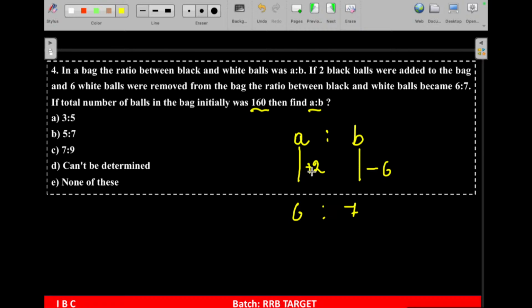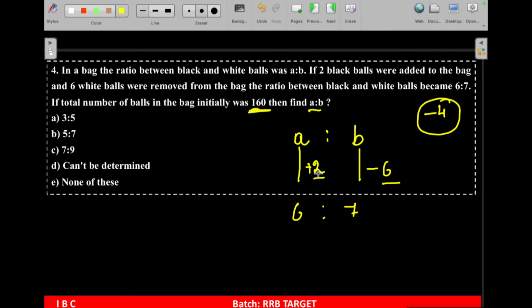Otherwise you can go A plus 2, B minus 6, but initially I know the total is 160. Now 2 balls are added, 6 balls are removed, meaning overall 4 balls are removed. Initially 160 balls are there.